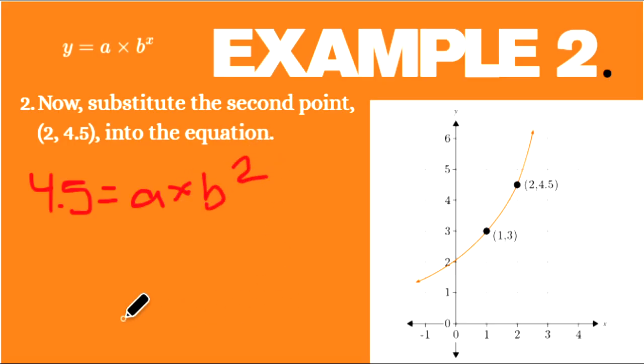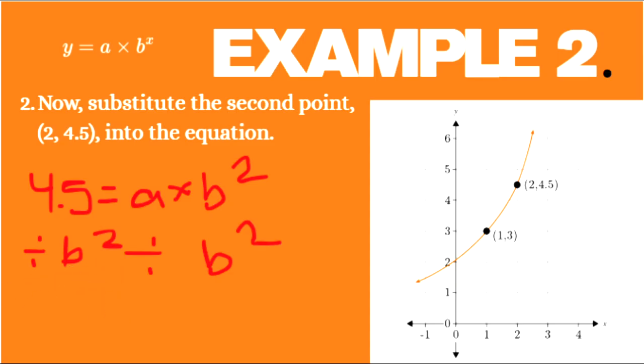Okay, and that means we're solving for a still. So we're going to take the square root of both sides, I believe. No, we need to divide by b squared to get it alone. Divide by b squared, which is going to give us 4.5 divided by b squared.